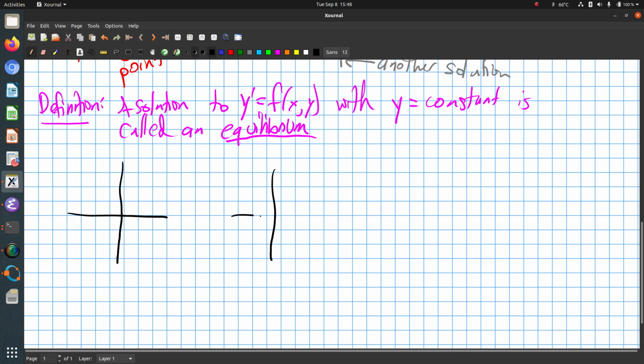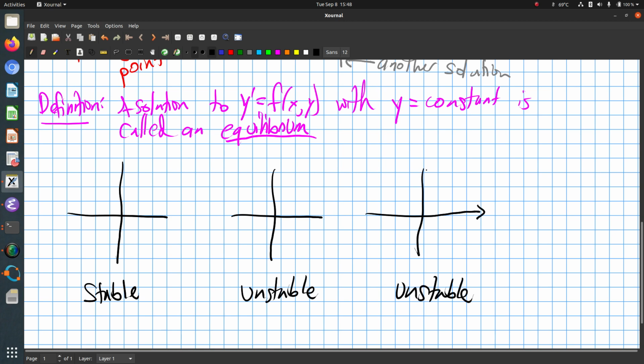That's still unstable. So let me show you the three pictures here. Stable, unstable, unstable. And the thing to notice with stable and unstable equilibria, I'm going to draw my equilibria all the same for three different notional differential equations.